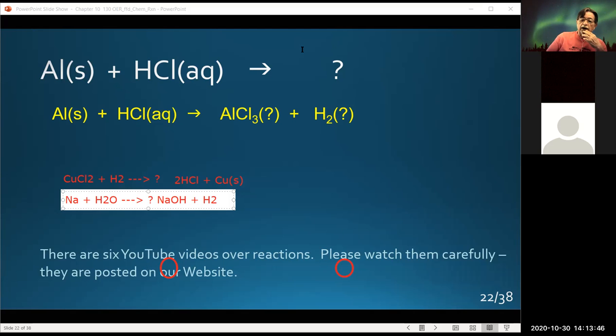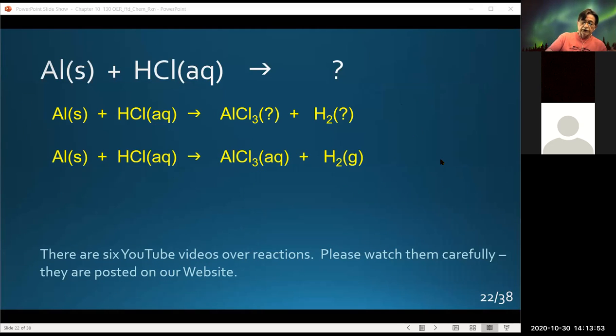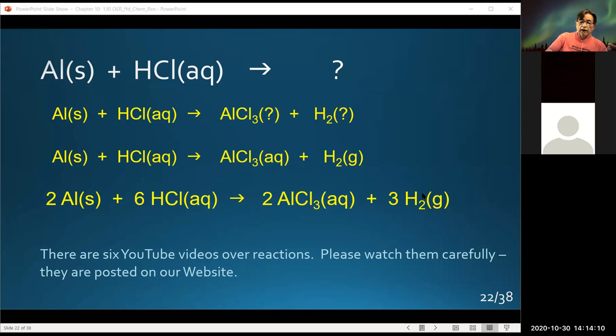All right, so let us continue. Of course, the states: we know H2 is a gas. And aluminum chloride, again, we use the solubility rules to determine that, yes, it's soluble in solution, therefore aq. Totally balanced out completely. It gives us a 2:6 to 2:3 ratio.